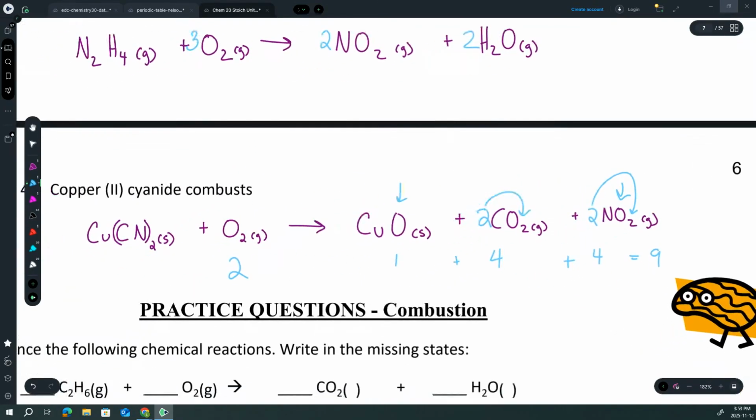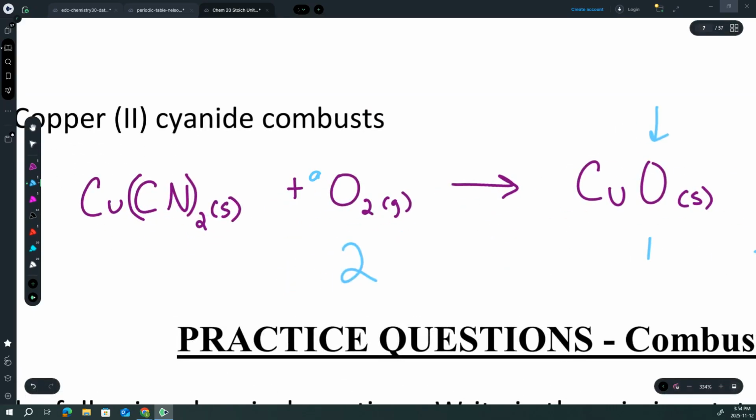Okay? Now, here's the trick. As you can see, there's no whole number you can multiply 2 by to get to 9. So here is my quick little trick to get that sorted. I'm going to take the total number of oxygens from the product side and put that in the numerator, and then I'm going to divide it by 2.